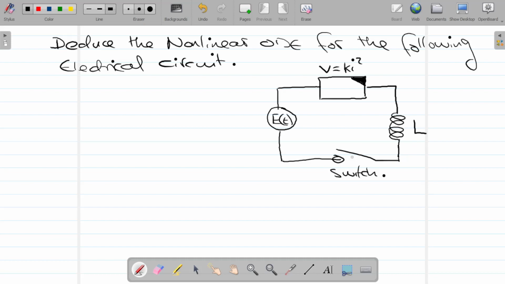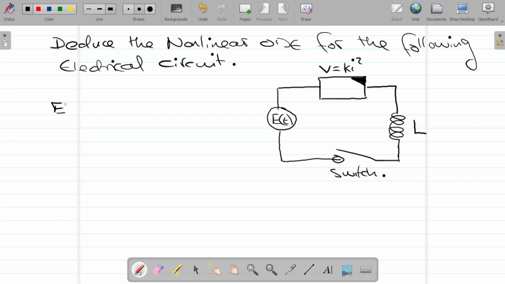Now, the question asks us to deduce or find a non-linear ordinary differential equation for the following electrical circuit. What we're going to do is write down the overall voltage of the entire circuit. So we start with E of t, which is basically the voltage on the left-hand part of the circuit.